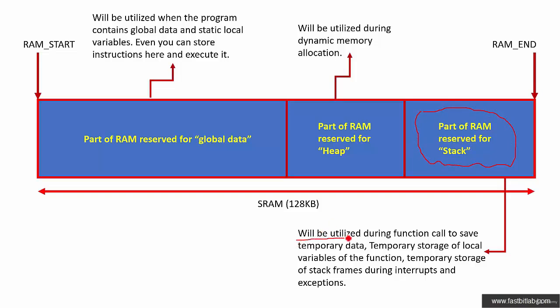So this will be utilized during function calls to save temporary data, temporary storage of local variables of the function, and temporary storage of stack frames during interrupts and exceptions. In all those cases, this part of the RAM will be utilized, which is nothing but stack.